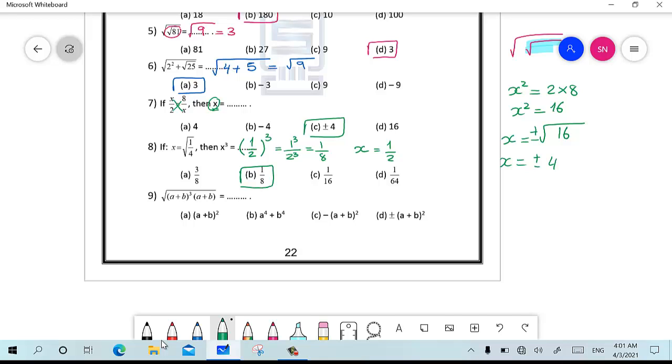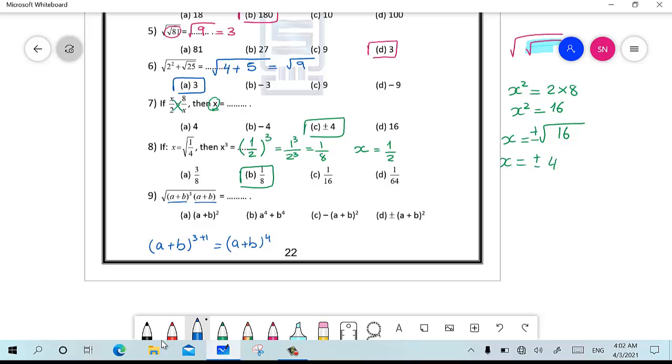The last question here, and it's question number 9. Square root of a plus b all cubed times a plus b. I have here a plus b all cubed times a plus b, so it's the same as a plus b to the power of 3 plus 1, which is equal to a plus b all raised to the power of 4.